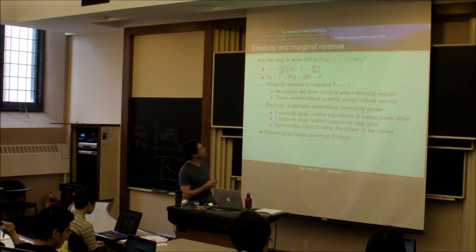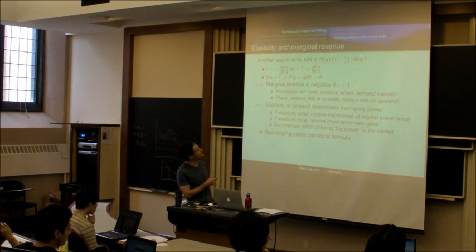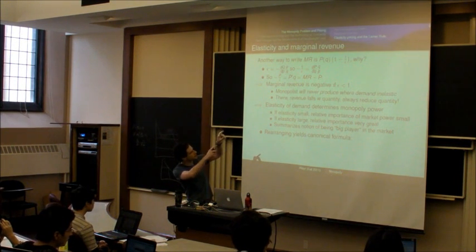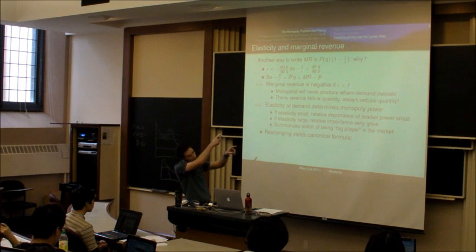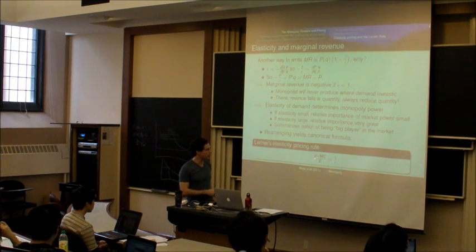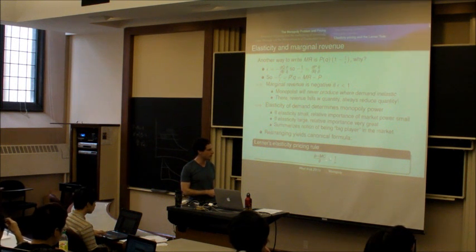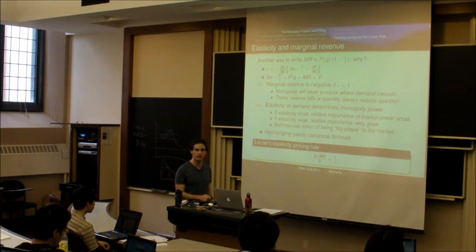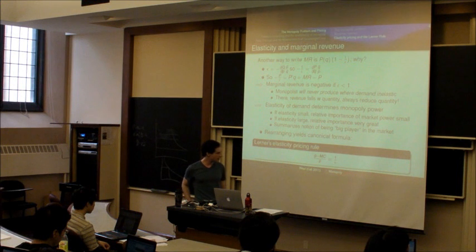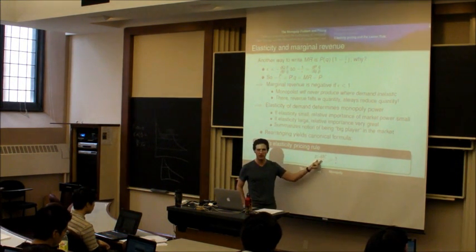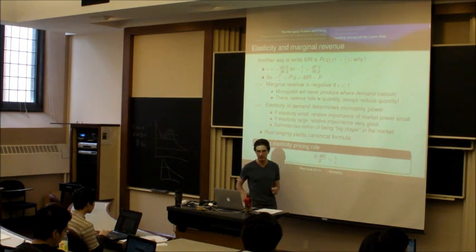Okay, so if we rearrange this formula, if we set this equal to marginal cost, and then we bring price times the elasticity over onto one side, bring marginal cost onto the other side, and divide by price, we get price minus marginal cost over price is equal to 1 over the elasticity. This is called Lerner's markup pricing rule, or elasticity pricing rule, and it says that the difference between price and marginal cost divided by price is 1 over the elasticity.